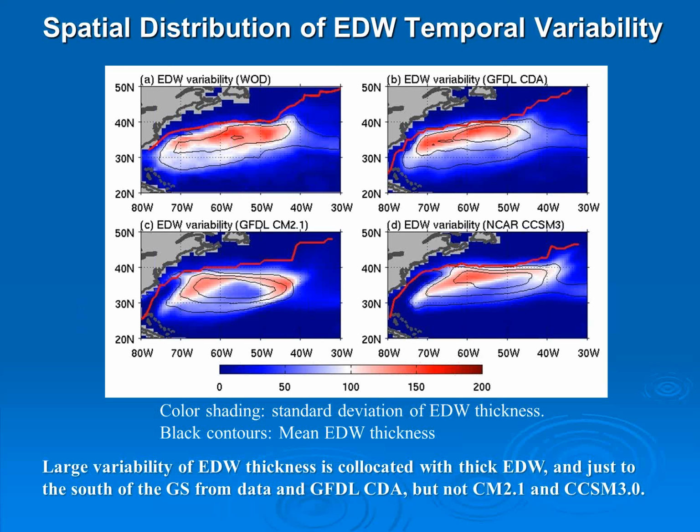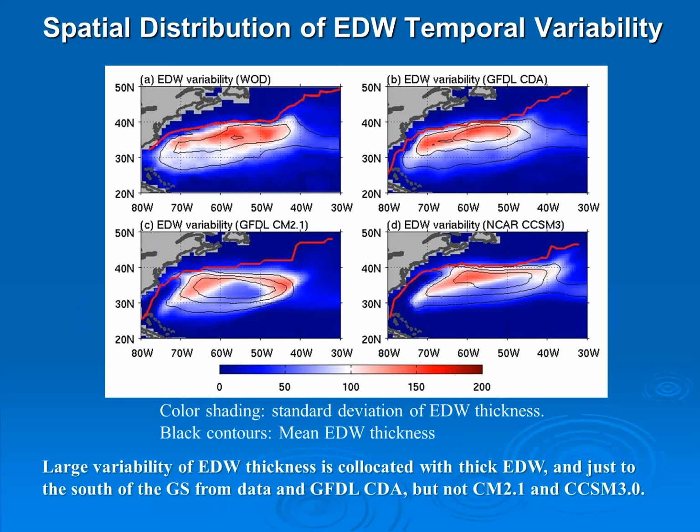What you see here is that the variability from observations on the top left also follows the Gulf Stream, and it is co-located with the thickness distribution, where thicker EDW has larger variability. The data assimilation model tends to capture this feature, but it is not shown in the two IPCC models, particularly in CM 2.1.